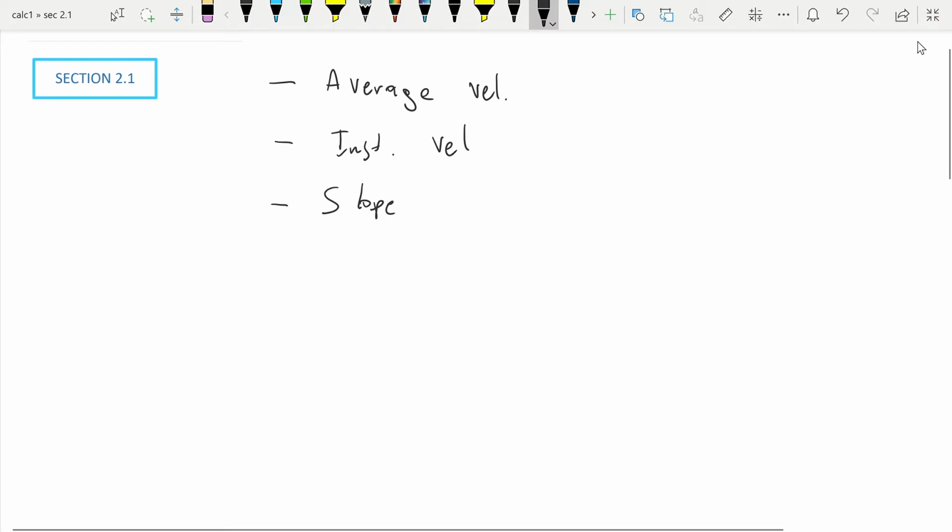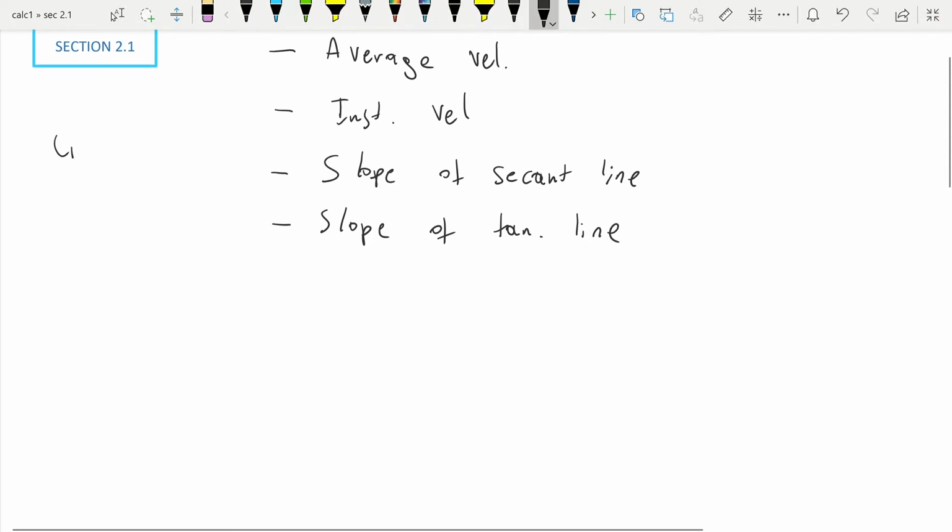Namely, we'll study the slope of the secant line to a graph at a particular point, which then, with the same process that allowed us to define instantaneous velocity, we'll get the slope of a tangent line. Okay, so these are the main concepts of this section.